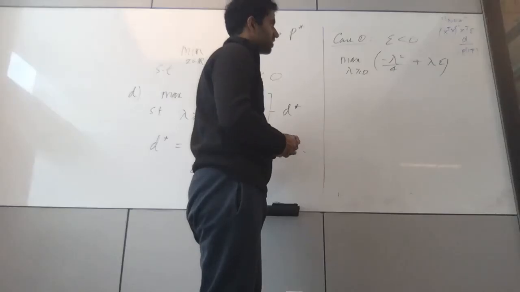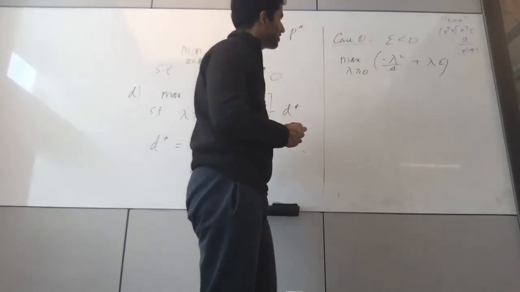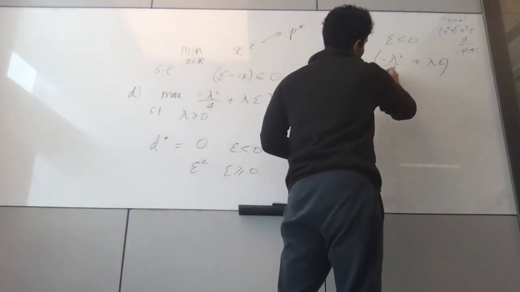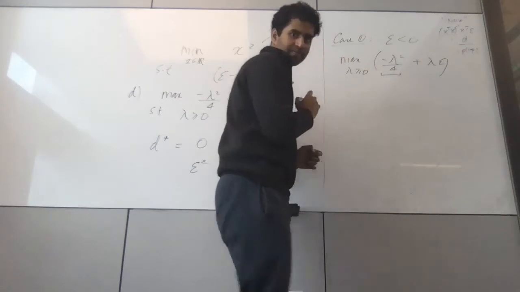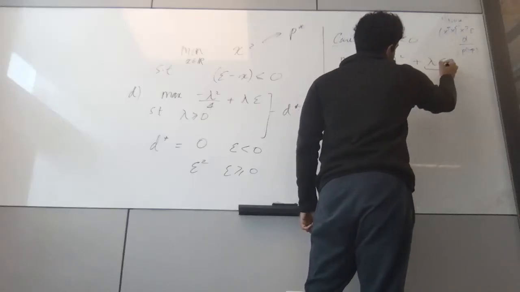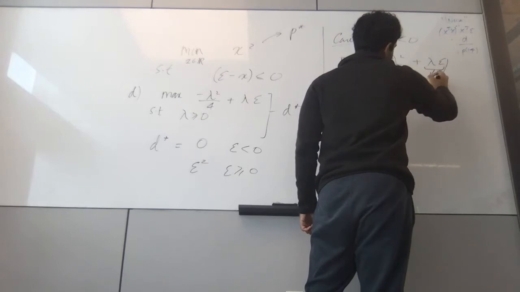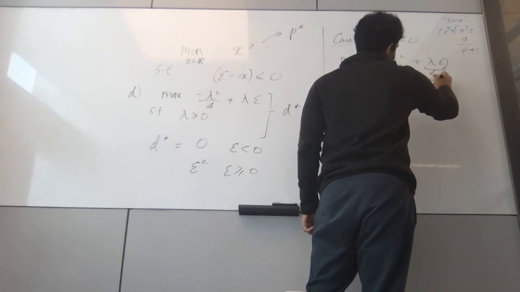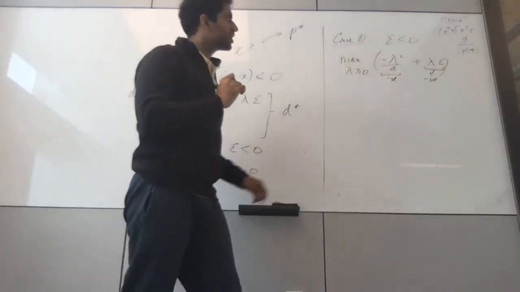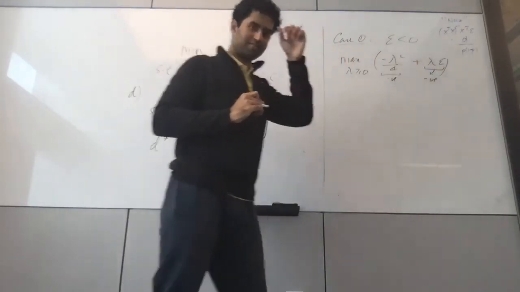Okay, let me just give a short clue. This is always a negative number, right? Because it's minus lambda squared. And since epsilon is less than 0, this is always a negative number, right? So what can you say about the sum of these two?